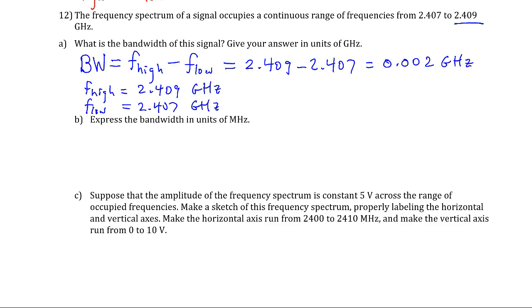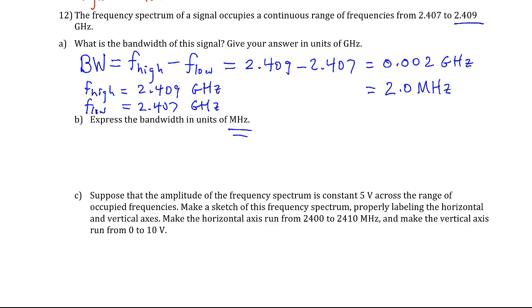It's almost immediately natural to convert this to megahertz, because a megahertz is 1,000 times smaller than a gigahertz. So when you have your gigahertz value with 3 decimal places, this number itself is the number of megahertz.